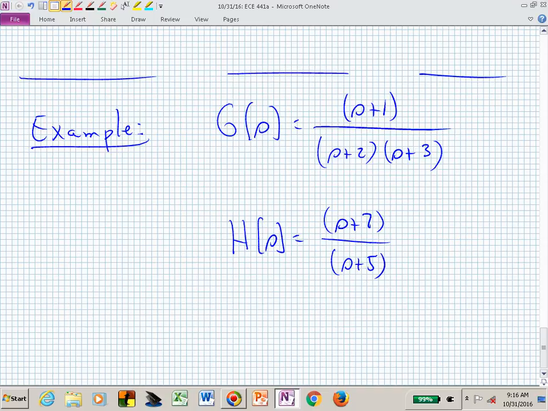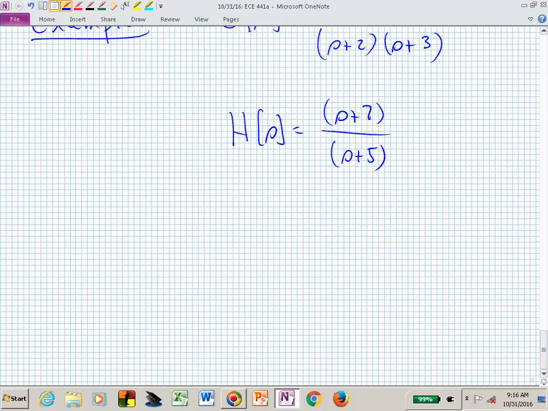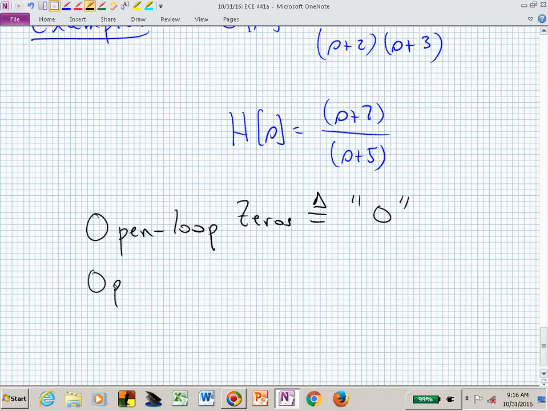H of s. And in our sketch, in our diagram, we will define our open loop zeros, which I think we've already been sketching, but let's just be clear. We're defining those as these circles, and the open loop poles are the X's.